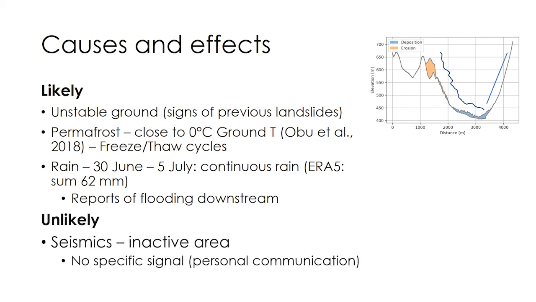And what's unlikely is seismics. So this is not a very active area. It ranks quite low on the landslide hazard map, and there was no specific signal, according to personal communication to colleagues from GFZ, who also have contacts to Kamchatka.